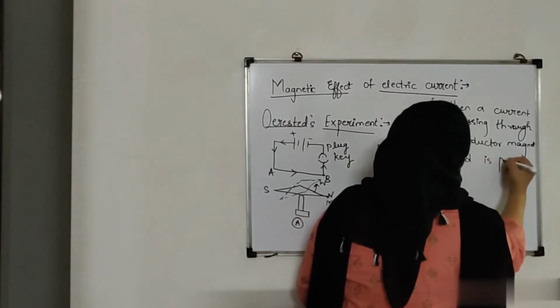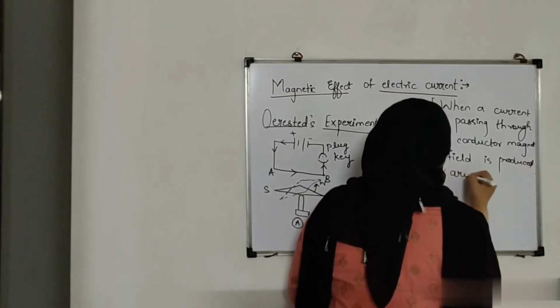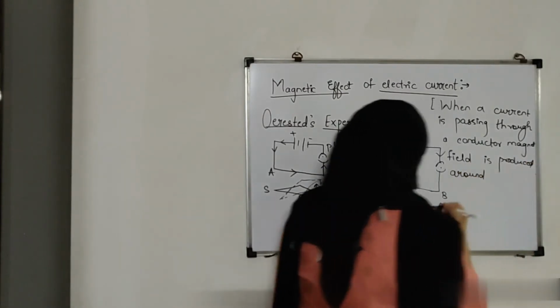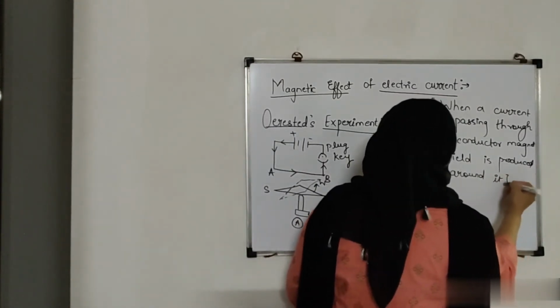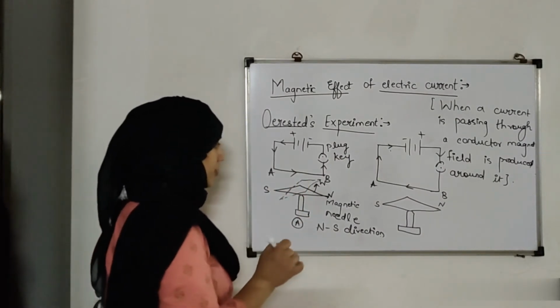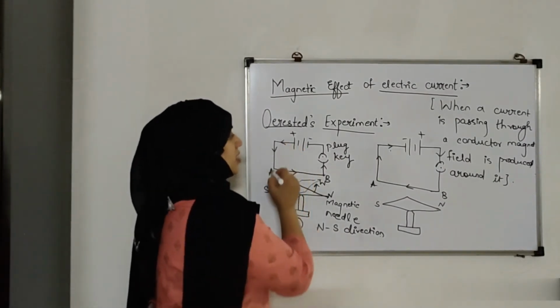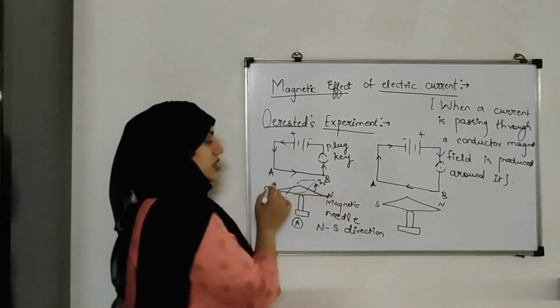So Ørsted gave us the magnetic effect of electric current. According to the experiment he performed, whenever a current is passing through a circuit or the conductor, a magnetic field is produced around it.